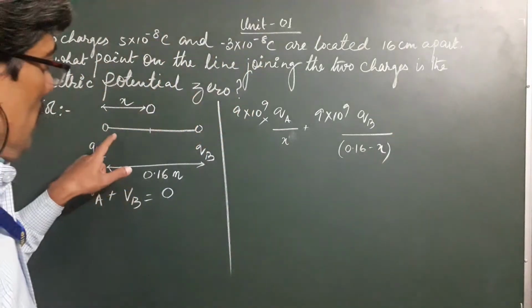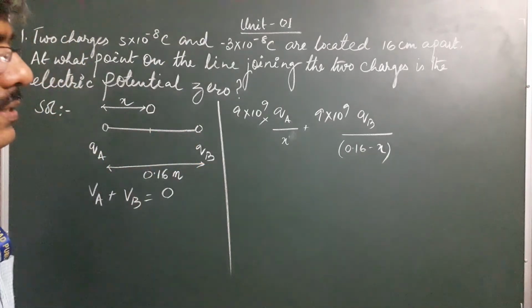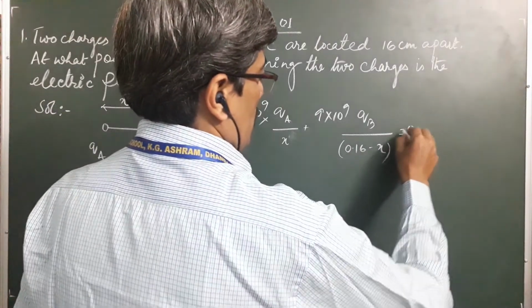This is because this distance is x, so this distance would be 0.16 - x. That is equal to 0.